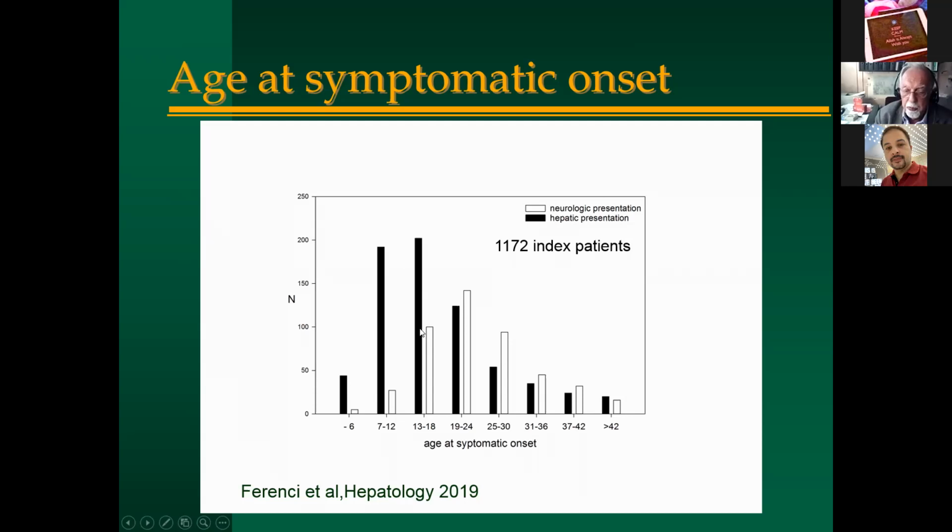In the adolescent age group, it's still prevalent hepatic disease. But then after adulthood, it's about 50-50. So you can see here, age about 42, my oldest patient I diagnosed was 79. So it occurs at any age. This is a very important message I like to give you.